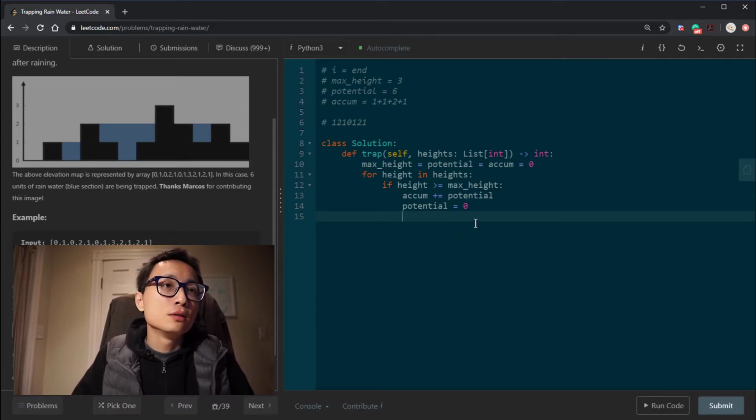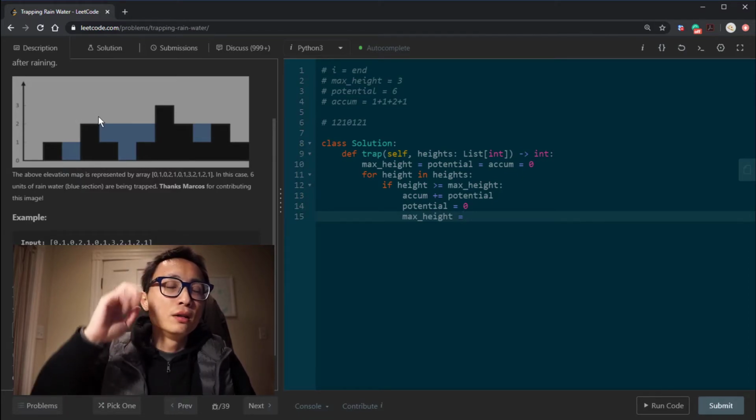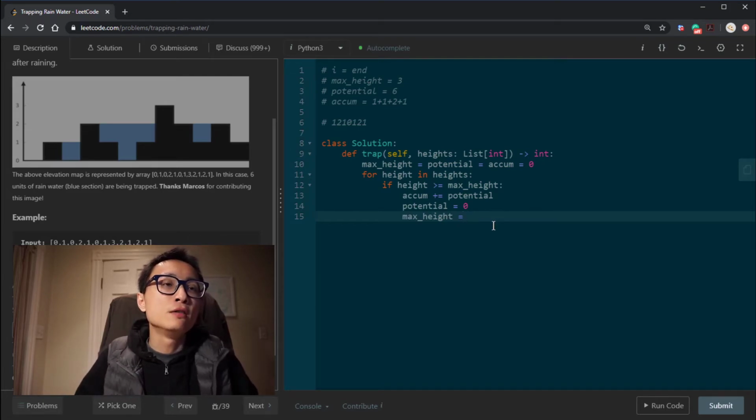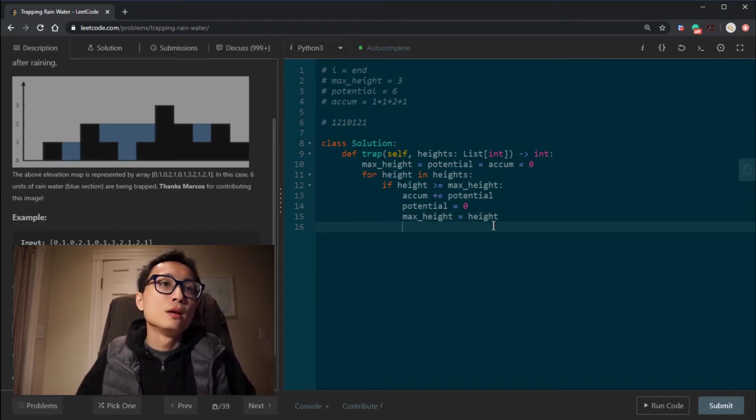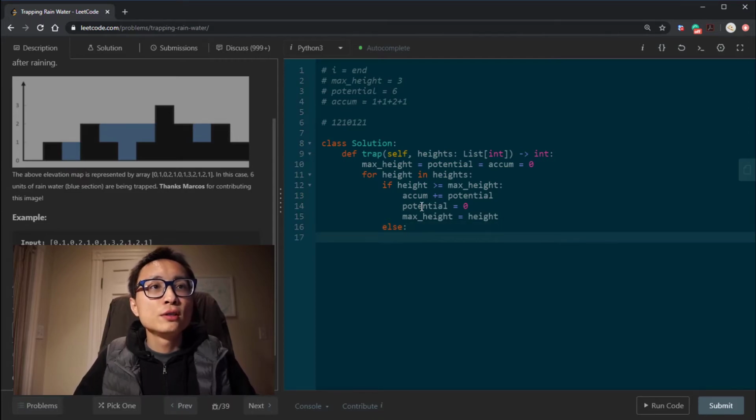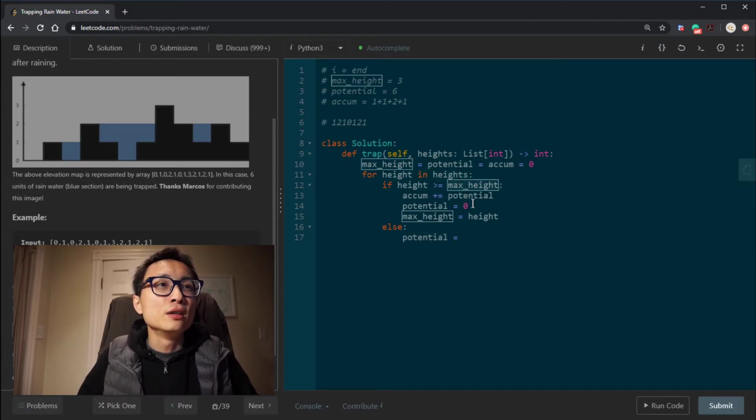That's why we reset this, and we have to update the maximum height, because we are looking at a new pond with a new left-hand side boundary height value. Otherwise, we just update the accumulator by the difference between the maximum height and the current height.